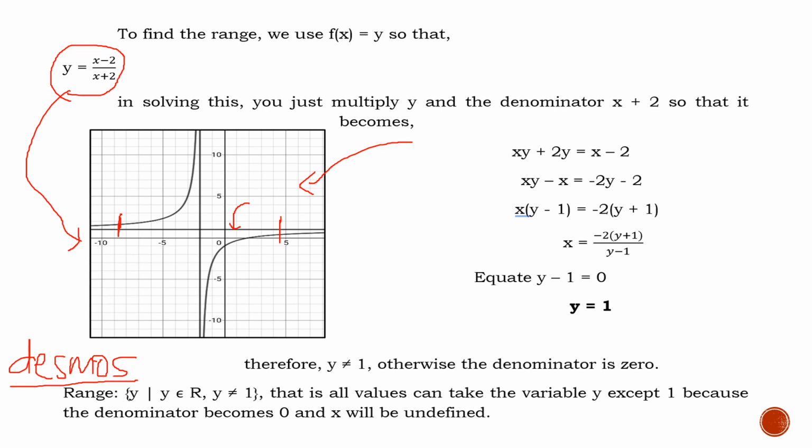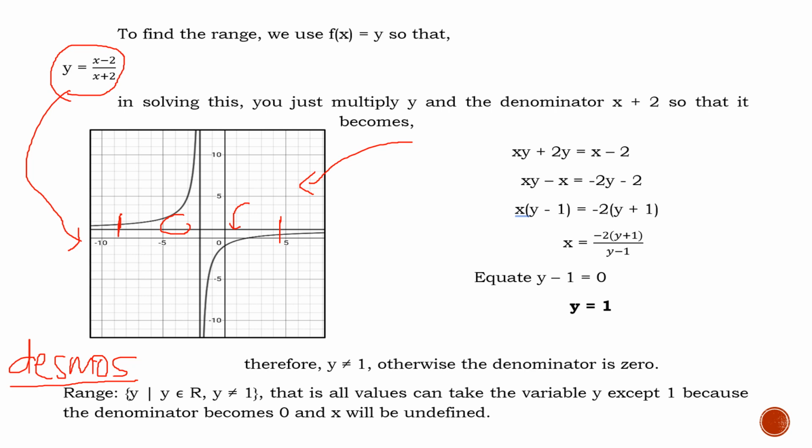Meaning to say that there is no point of intersection between your asymptote and your curve. In simple words, this line will serve only as a guide for your curve, and there is no such thing as a point of intersection between them.